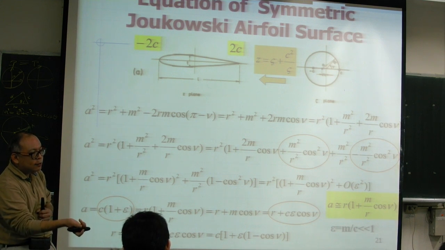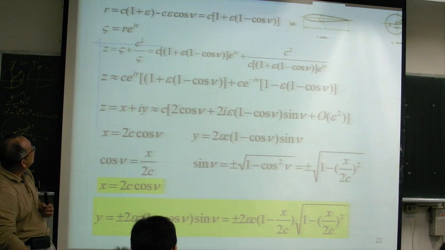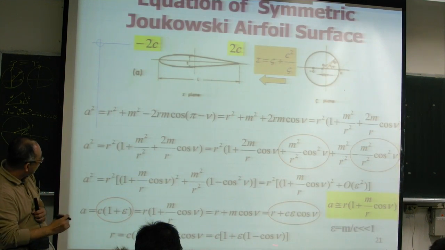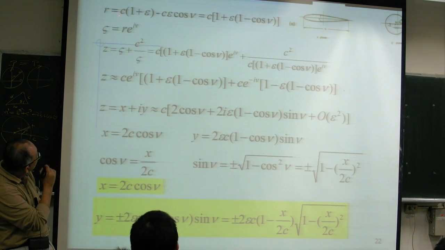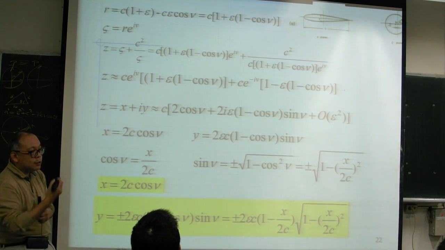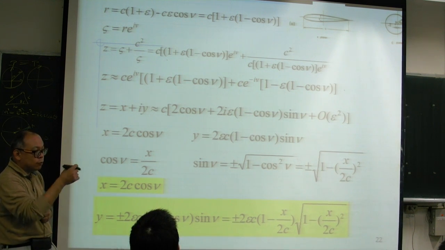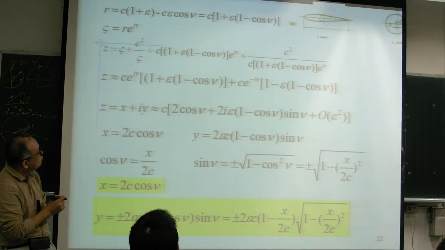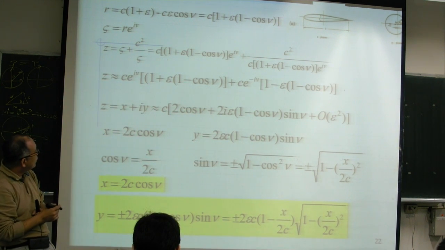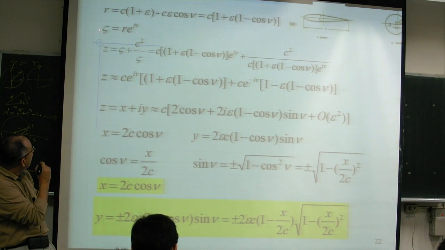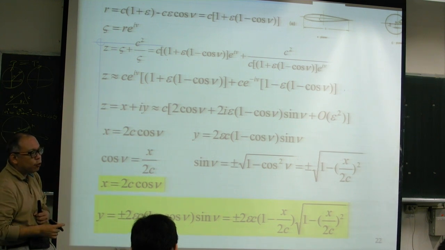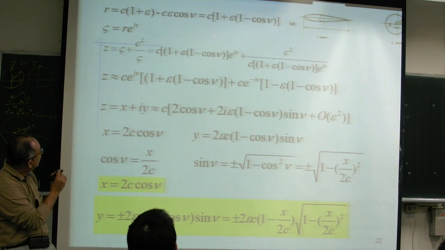Once we know r, the rest is easy. This r is copied from here. r is the coordinate, the variable of the polar coordinate system. So our laser can be represented as r e to the i mu, right? Any point can become r e to the i mu.